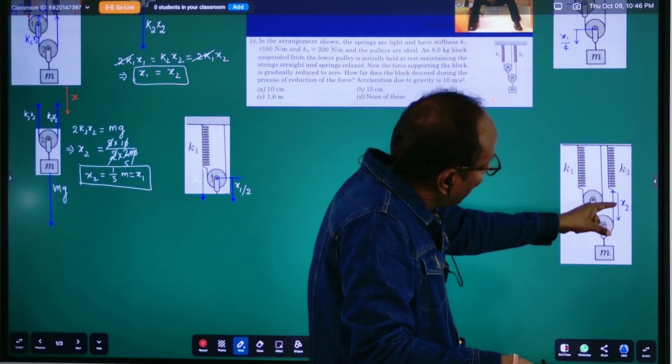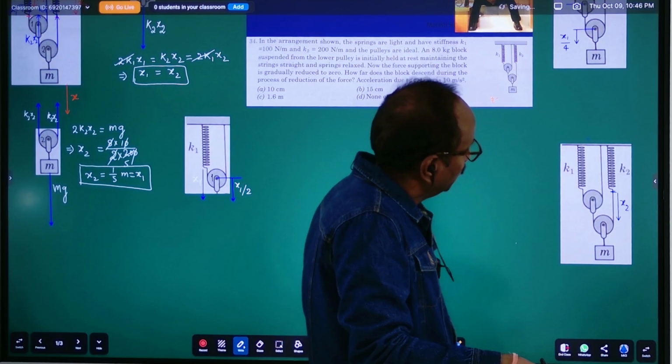So the spring 2 end has come down by x2.